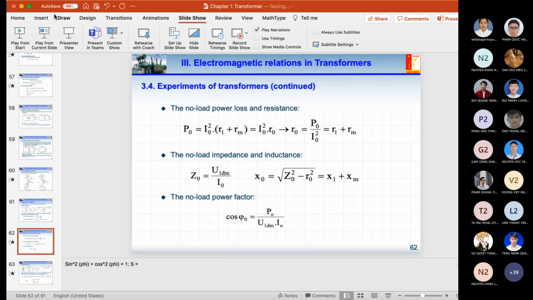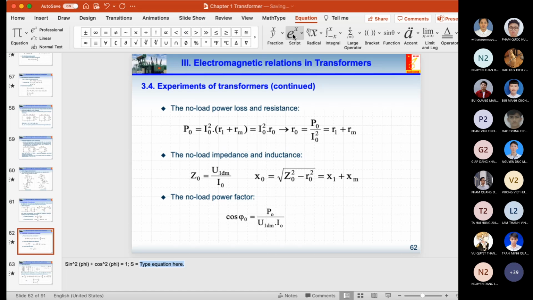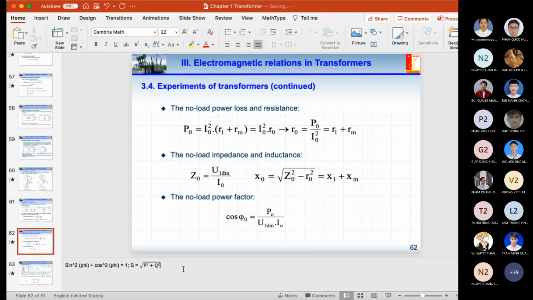Here I would like to show you quickly like this: S squared is equal to P squared plus Q squared, you can see.